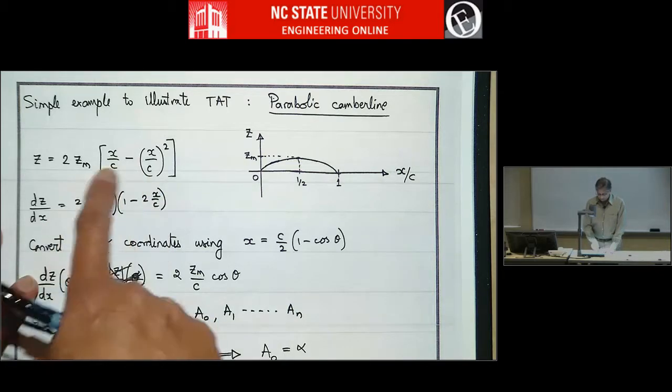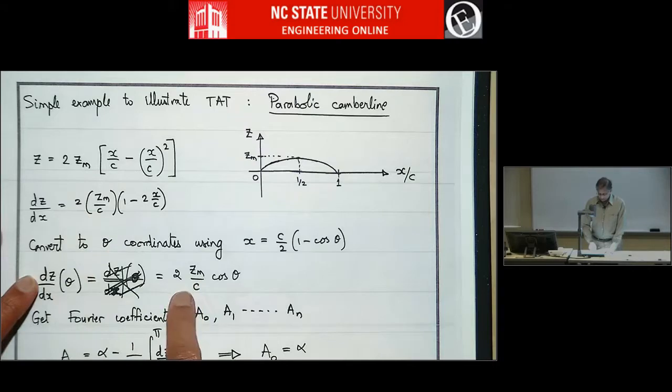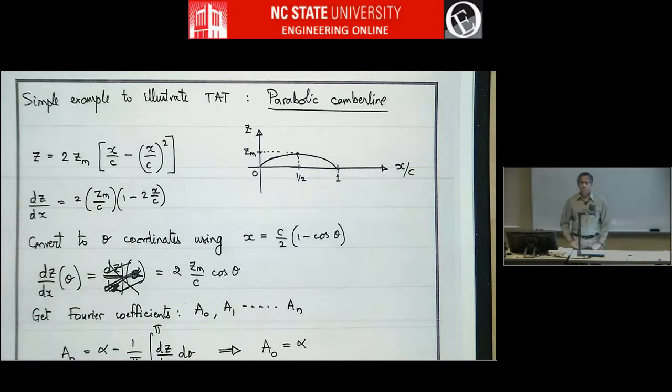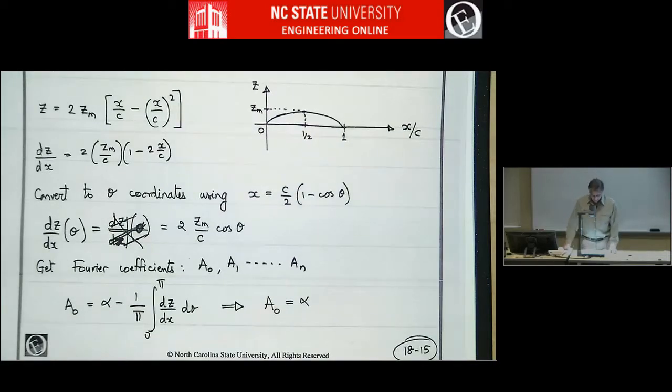We convert this to theta coordinates, and you get 2 times Zm over c times cosine theta. Okay, so we got these things. Now we can plug them into the thin airfoil theory equations and get A0, A1, A2, A3 and so on.